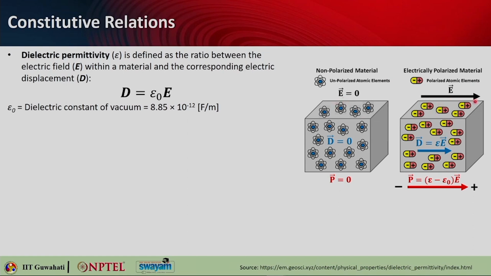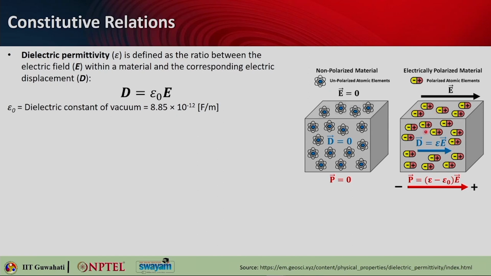As soon as there is an electric field applied to this material, you will see that the electron cloud is trying to repel this electric field and they move out from the nucleus. So what happens, there is a slight region with more electrons, and there is a region where there is a deficiency of electrons. That can be denoted as minus and plus. Deficiency of electrons means you can mark that as positive.